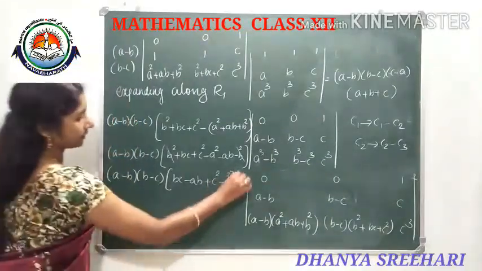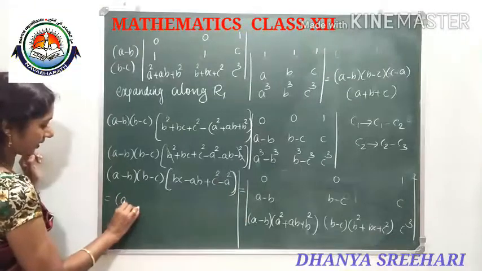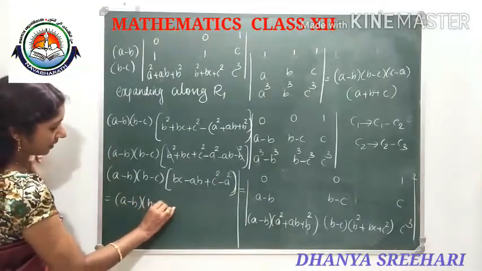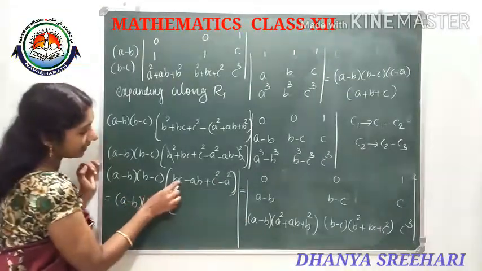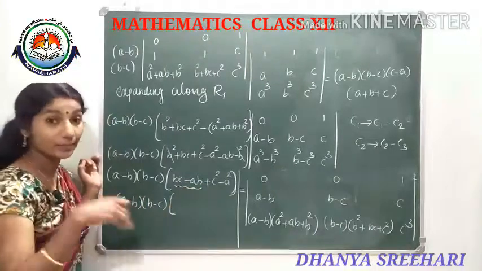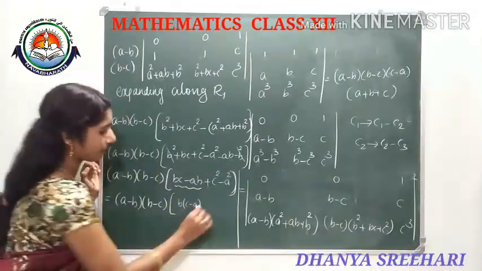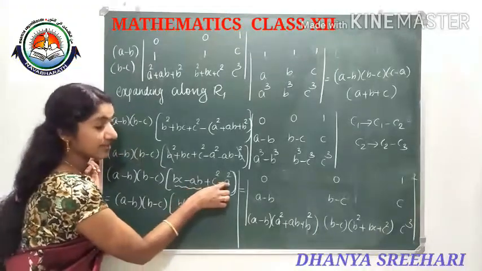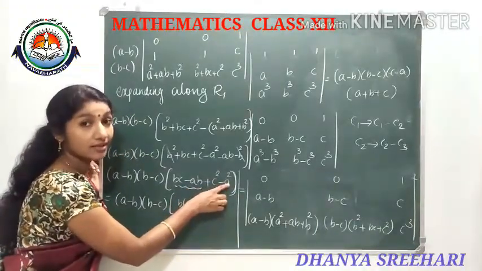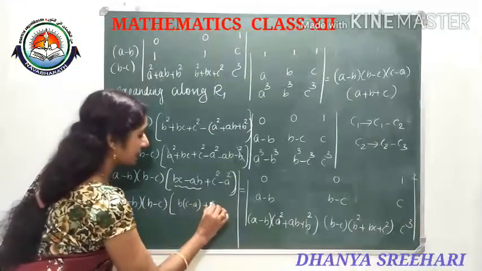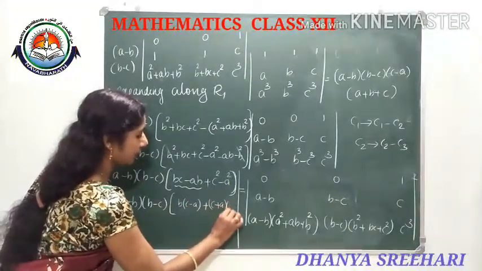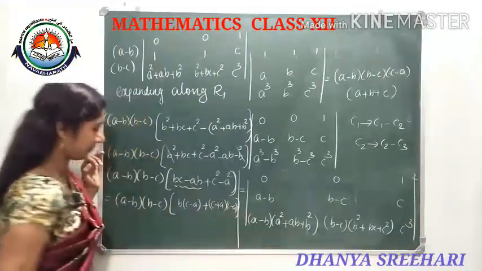Okay. Then it is equal to a minus b into b minus c into, from these two terms we are taking b outside. So we are getting b into c minus a plus c square minus a square, we can use the identity: c plus a into c minus a.